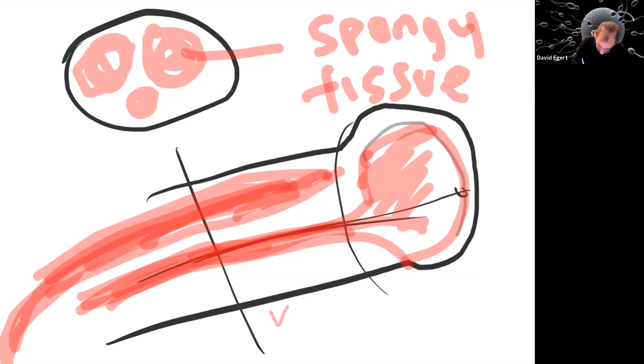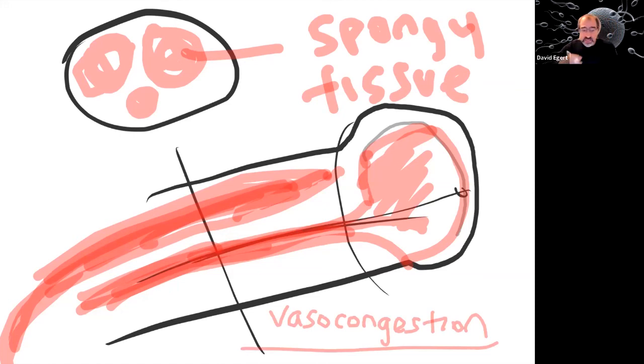sexual arousal, we have vasocongestion, meaning filling with blood. This is going to be a commonality in both male and female sexual response. It's more obvious on the dude because you can see the penis getting hard and going up.